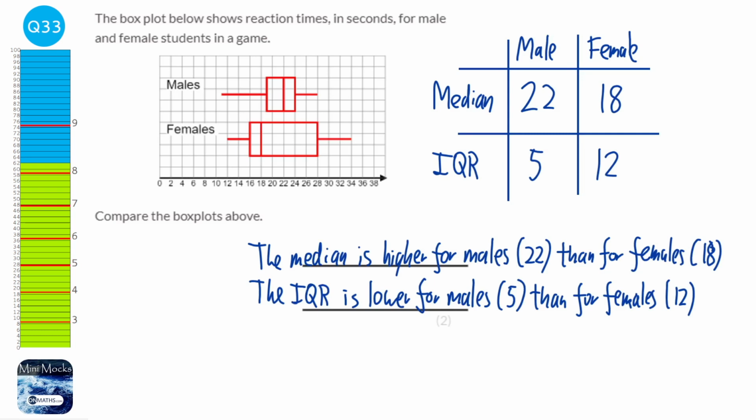So the sentence could be that the males are more consistent because the interquartile range is lower. Generally speaking, the higher the median, the better. The lower the interquartile range, the better. Apart from things like the time it took you for a race, where you want the median to be lower. Still, you want the interquartile range to be lower because you want to be consistent.